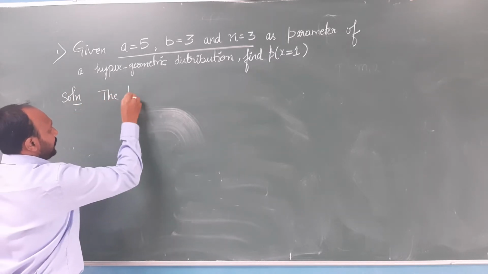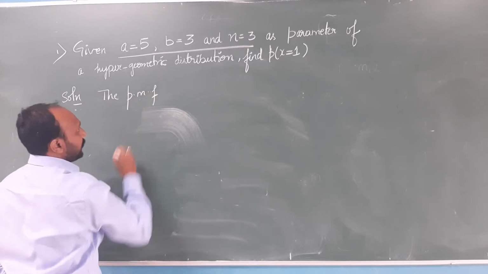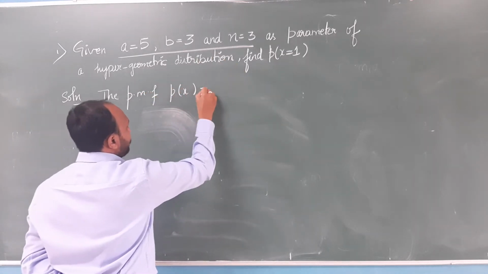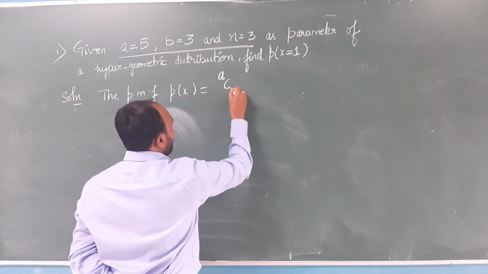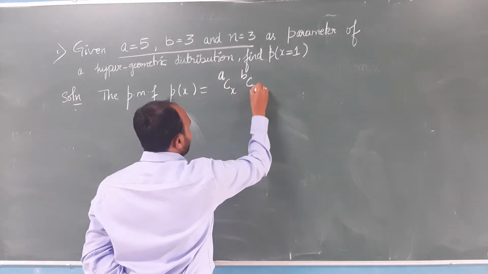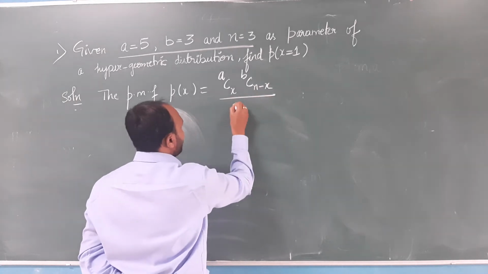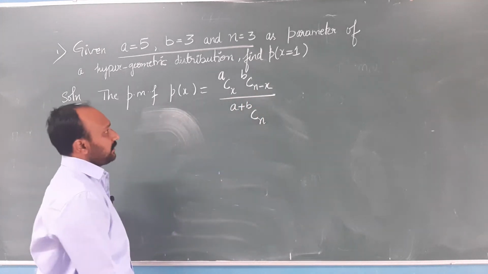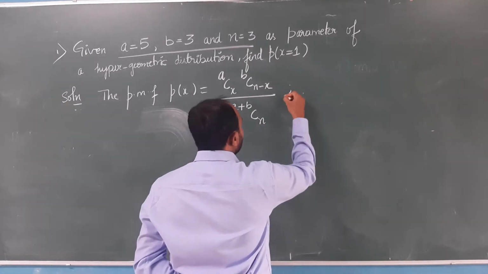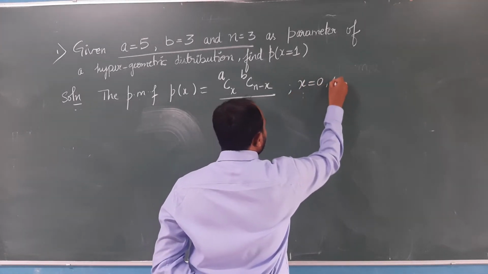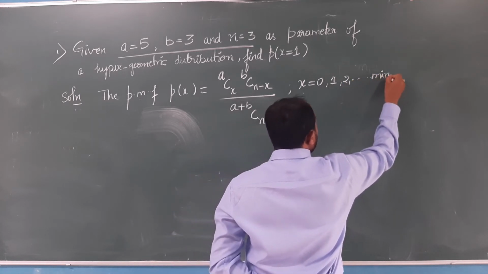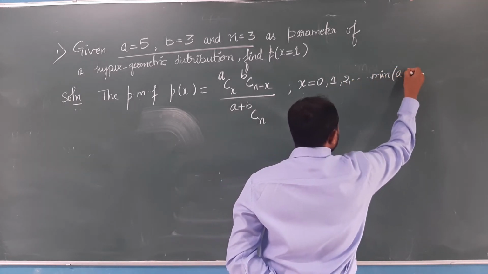The probability mass function here is P(x) = ACx × BC(n−x) divided by (A+B)Cn, where x can take values 0, 1, 2, up to the minimum of a comma n.